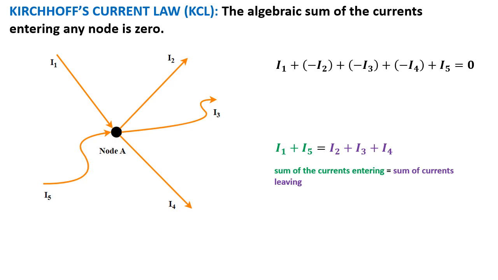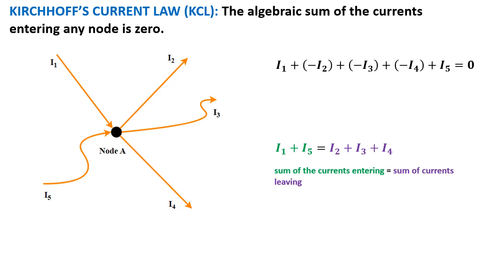Now, additionally, we consider currents entering a node as positive currents, while currents leaving a node are negative currents.